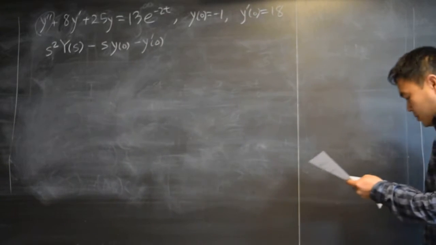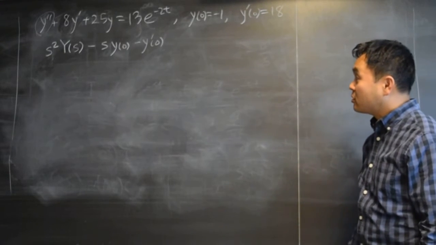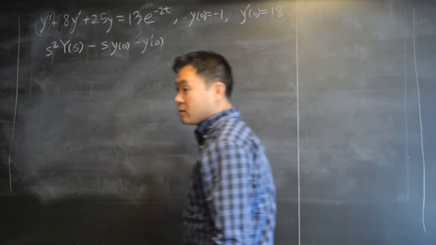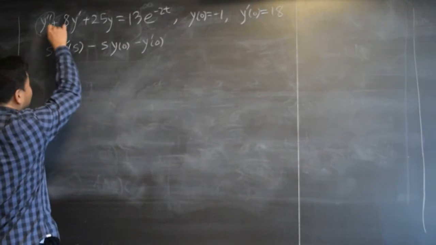Is this on the sheet you just gave us? Yeah, actually, it's number 36 if you're looking at this. Nice. And then that's what you get.